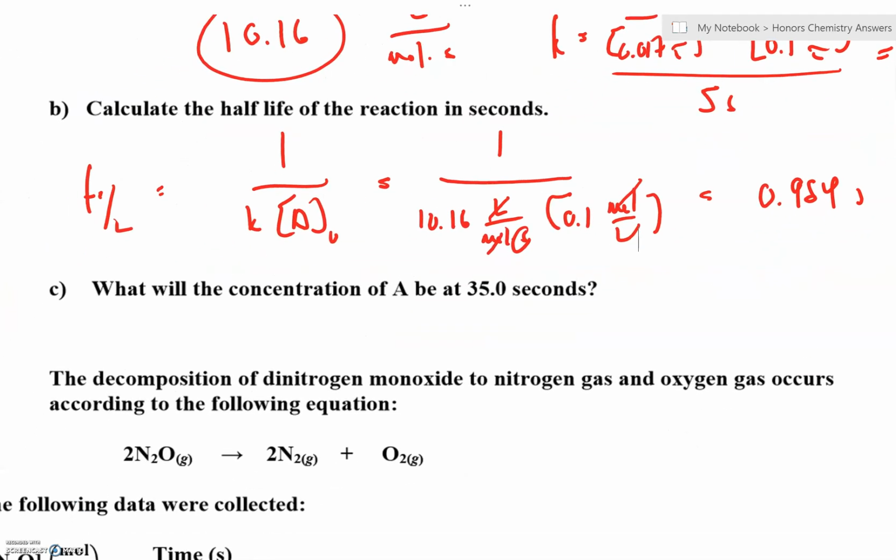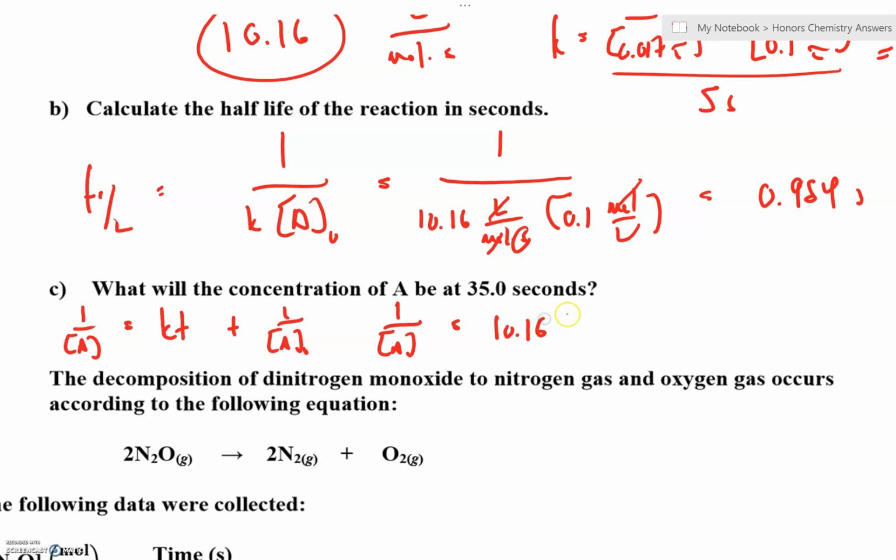All right, last one. What is the concentration of A going to be at 35 seconds? So if we know that the rate law for this equation is the second order version, then our equation to set up to find concentration is going to look just like this. We're going to plug everything in. So what's the concentration of A at 35 seconds? We have a K, and feel free to use whichever one you want.